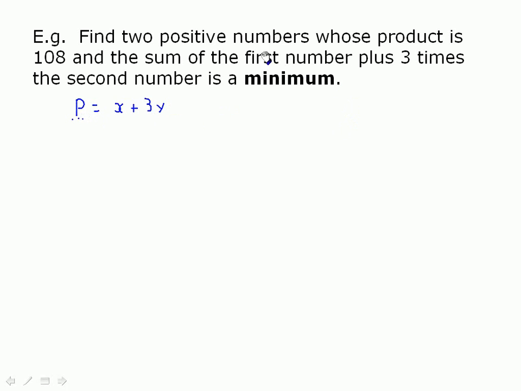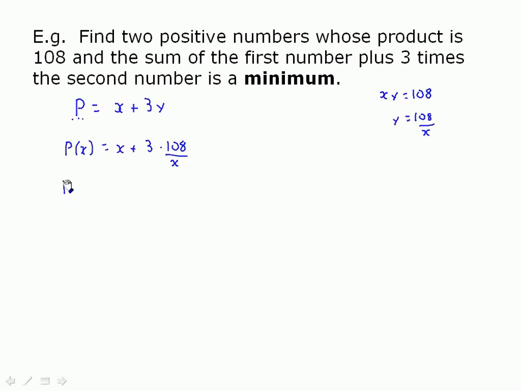And it's based on the idea that these have a product of 108. So x times y is equal to 108. So y is equal to 108 over x. So it means that our formula, P as a function of x, is equal to x plus 3 times 108 over x.